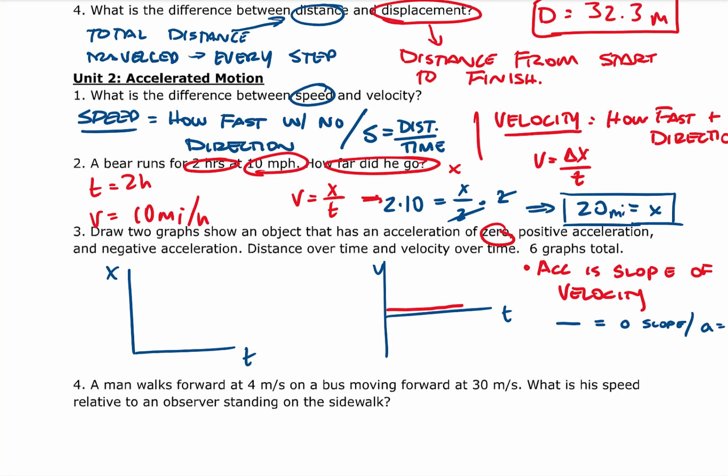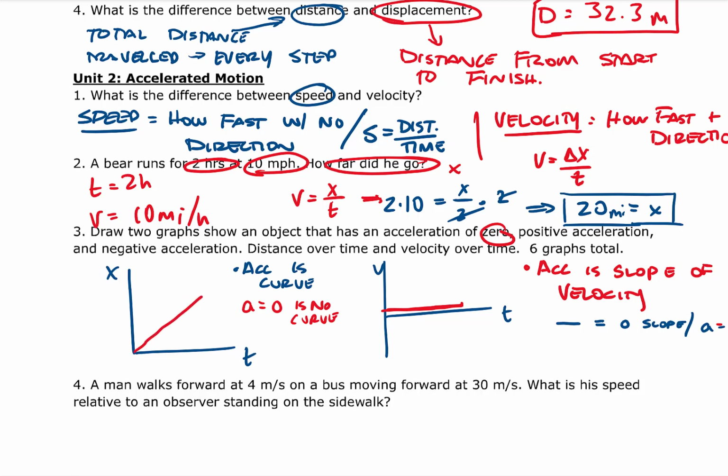And then over here, acceleration is the curve. Acceleration equals 0 is no curve. So if I have positive velocity here, I'm just going to have positive slope for position.